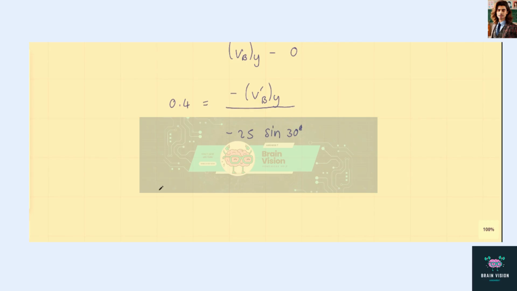If we rearrange this equation, we can find that the final y component of the ball's velocity, v prime by, is equal to 5 meters per second upwards.